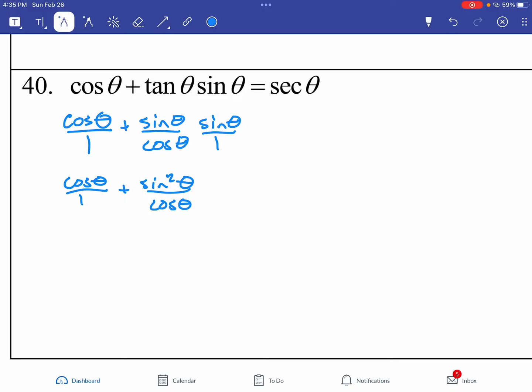Now, in order to combine these two fractions, I need to have a common denominator. I'm missing a cosine. So I will get cosine squared on the top, cosine on the bottom, plus sine squared on the top, and cosine on the bottom.